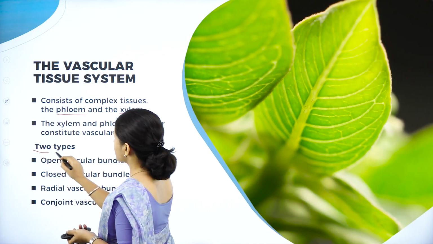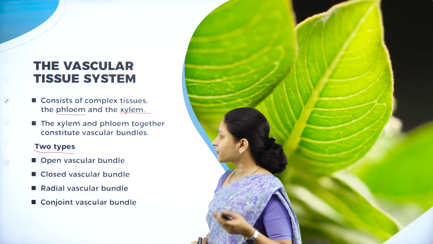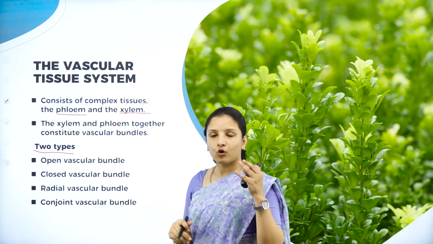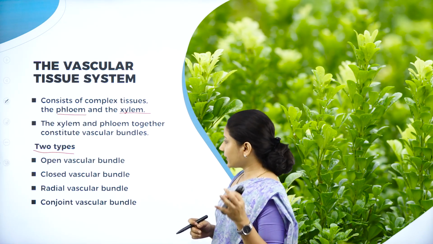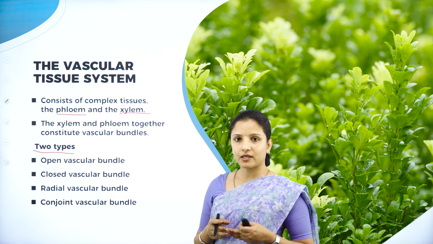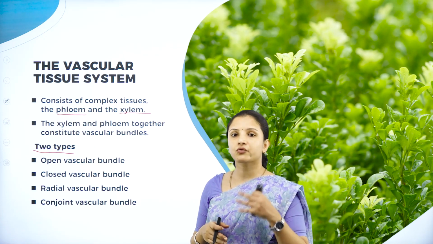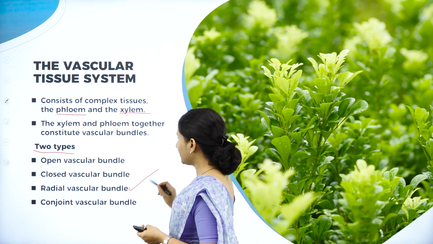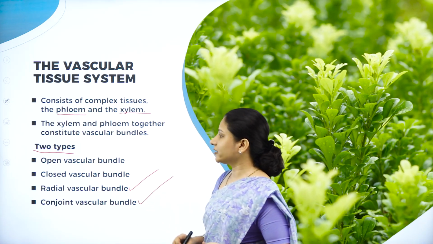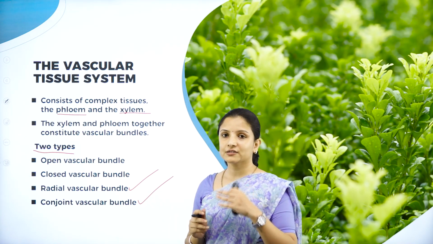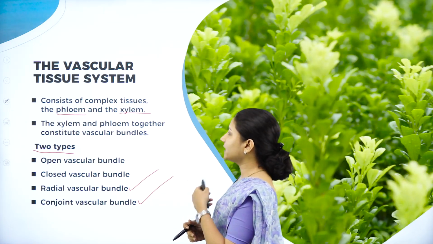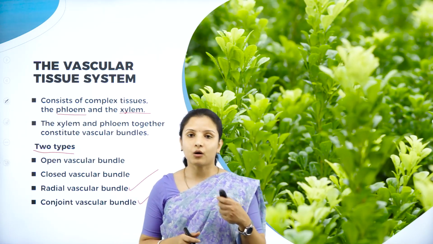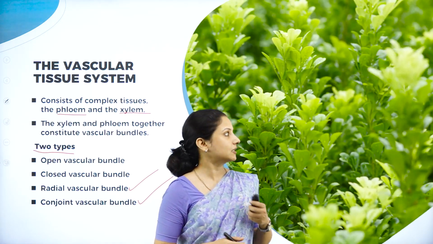So the vascular bundles are of two types, that is, open vascular bundle and closed vascular bundle. But apart from that, they can be radial vascular bundle or conjoined vascular bundle, that is conjoined open vascular bundle and conjoined closed vascular bundle. So these are the different types of vascular bundles that are present in a plant.